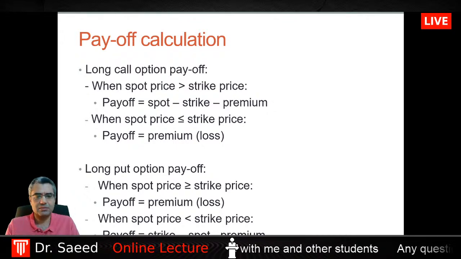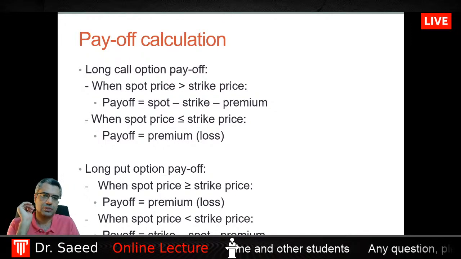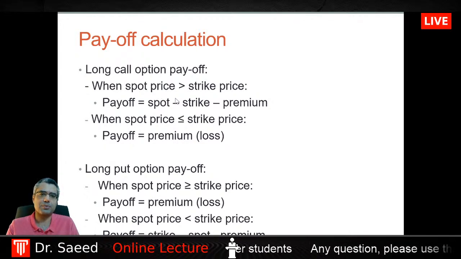Yeah, this is again not new. What I discussed, I can cover this slide as well. So for call options, you have profit when the spot price, meaning the underlying asset price, is greater than the strike price. Strike price means the price that you agree to buy or sell at till maturity, right?